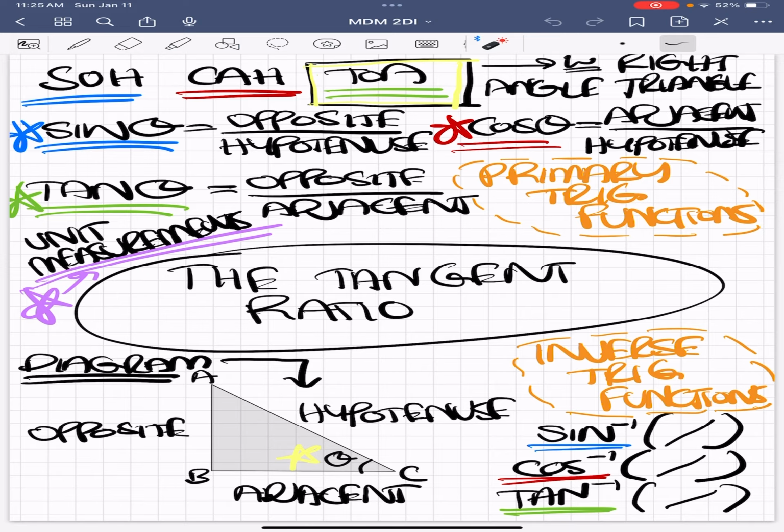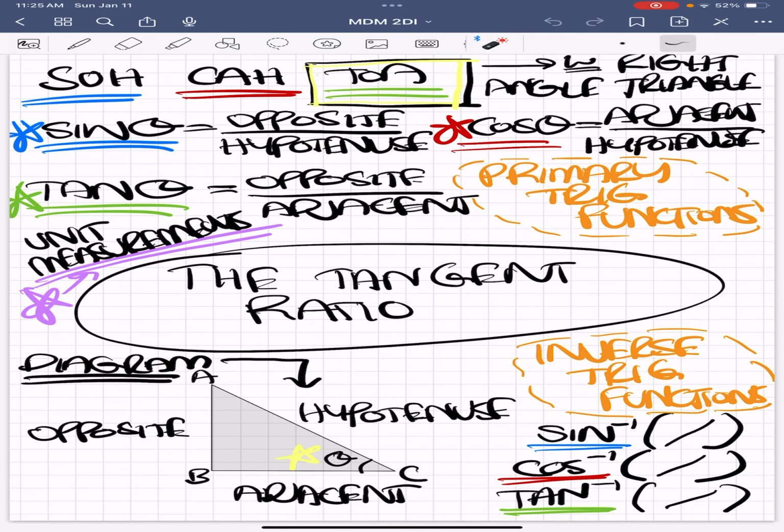So SOHCAHTOA is sine theta equals opposite over hypotenuse, then cos theta is adjacent over hypotenuse, and then we have tangent theta, which is opposite over adjacent. And those are our primary trig functions.